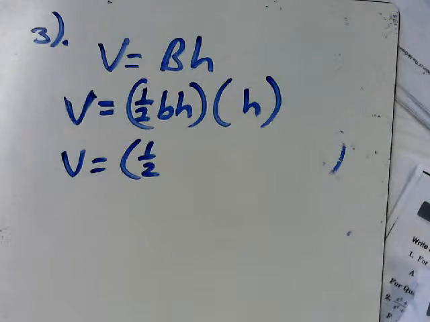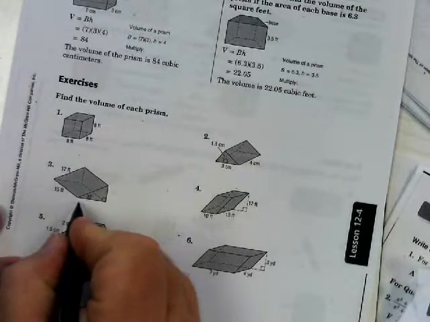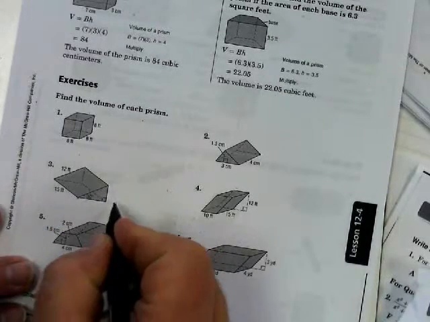What is the length of the base of the triangle? 10.4. How do you know it's 10.4? 30-60-90 triangle. Okay? In this figure right here, the length of the base would be from this point to this point in that triangle, correct?